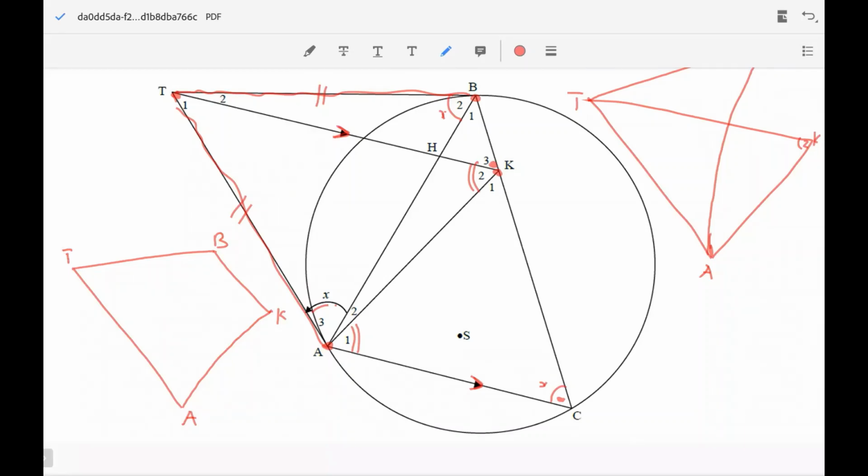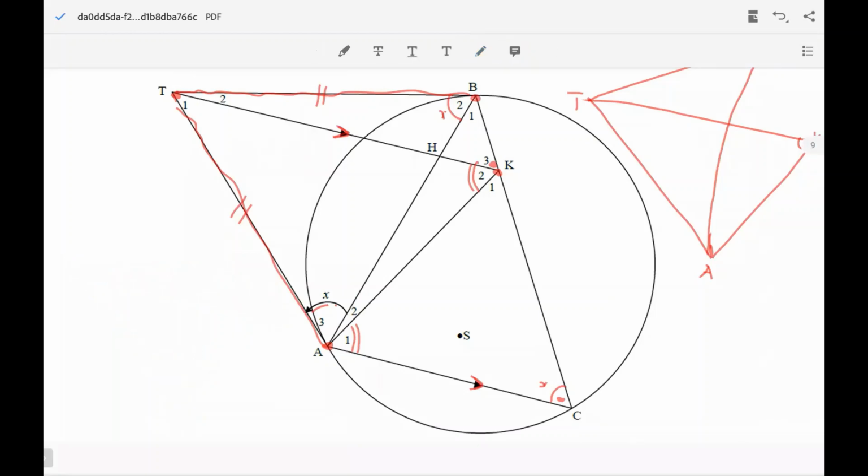So TB subtends angle K3 at K. The same TB subtends angle A3. And this is X. And we also proved that this is X. So focusing on TB, you win.